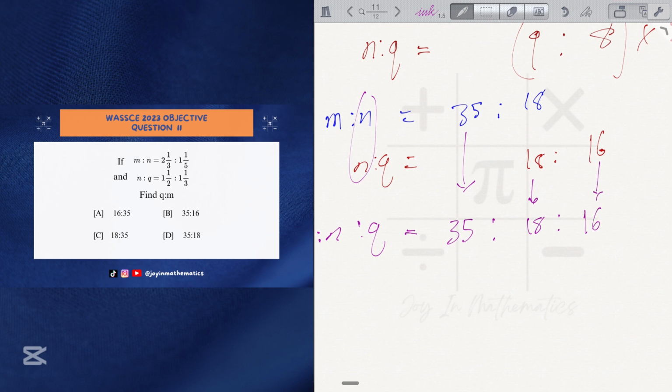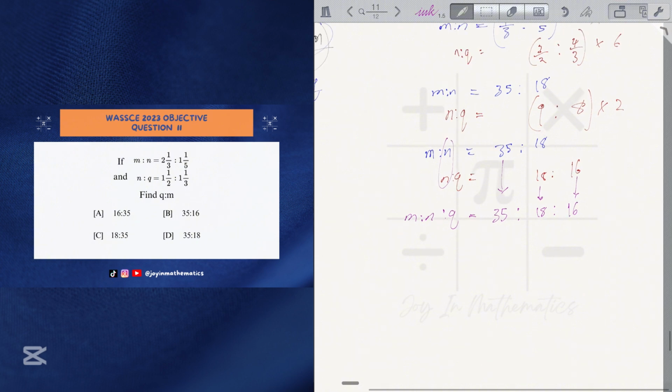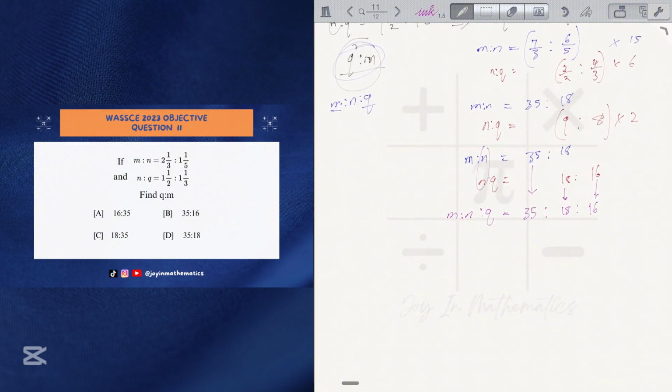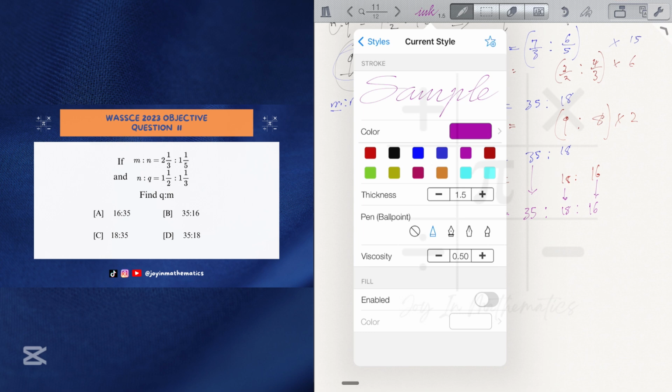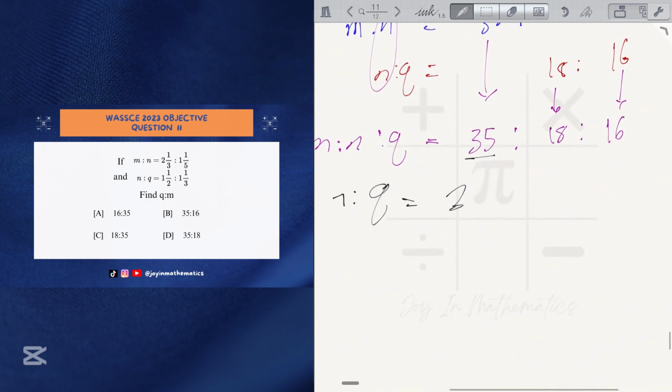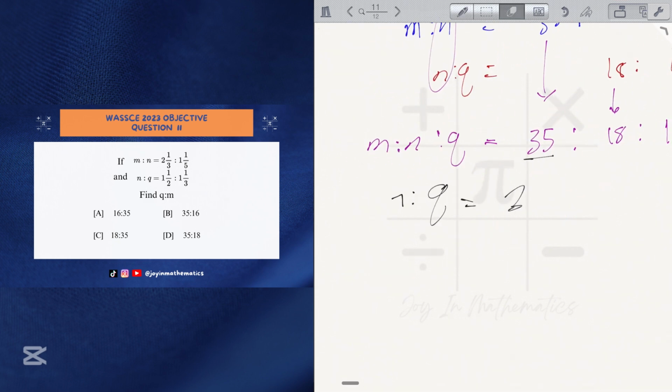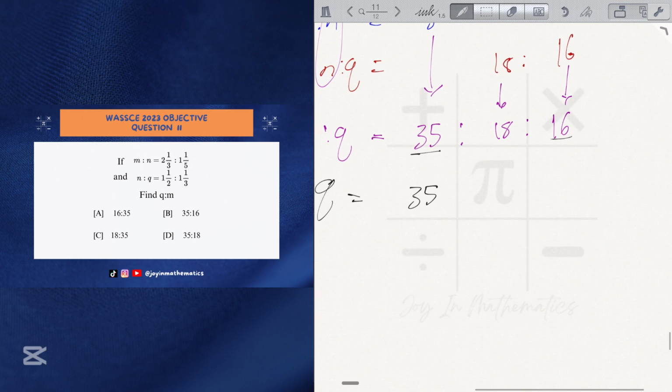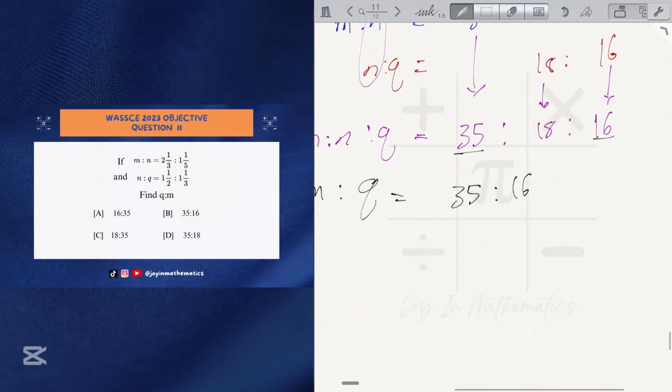So this is m ratio n ratio q. Now, what is the value of m ratio q? Since we have combined them together, we can find m ratio q. We take the value of m to be 35 and the value of q to be 16. So this is m ratio q.